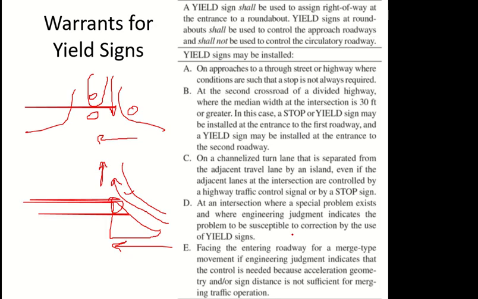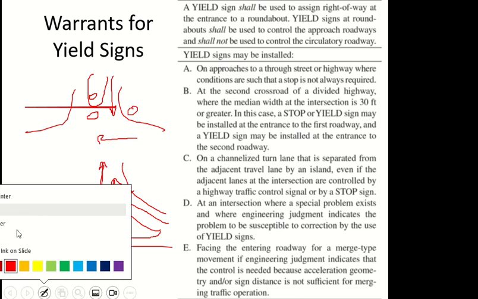And then we have the entry of a merge movement, where again the judgment dictates that putting a yield sign will be better. What do we mean by a merge movement?